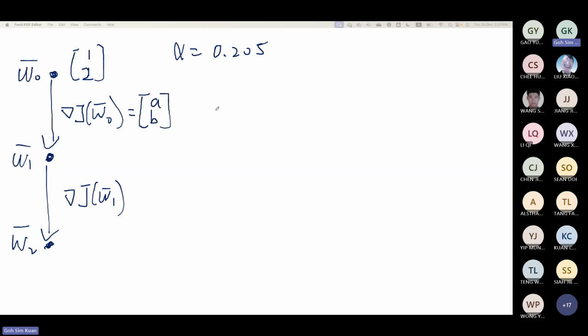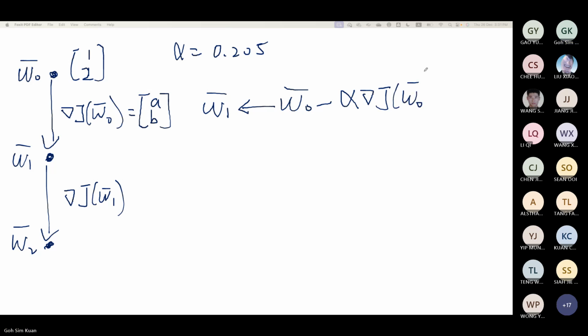So we will be able to compute our W1 bar using the gradient descent update rule: W0 minus learning rate times the gradient J. So we have everything required here. We have W0, we have the learning rate, we have this gradient J. We will be able to compute our W1 bar.